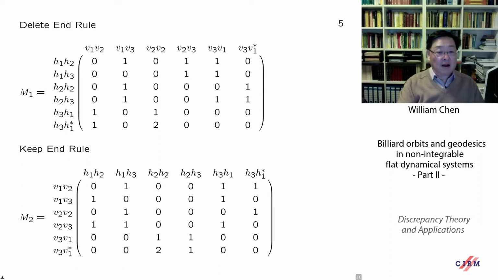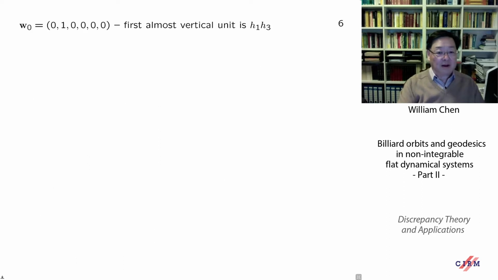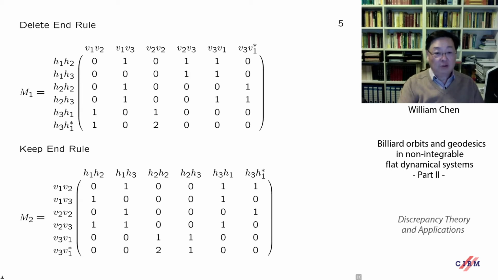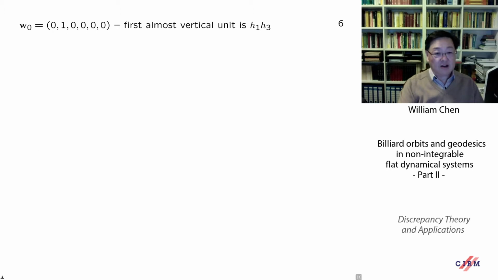Now, let's start with an almost vertical geodesic from the bottom left vertex of the L shape. The first almost vertical unit is H1, H3. Now, H1, H3 is the second one on our list, so we can write down a coefficient vector and have an entry 1 as the second entry.